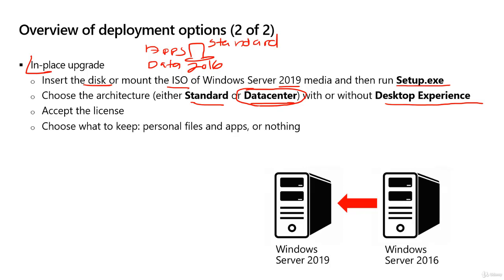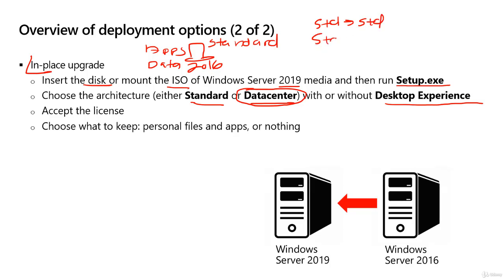The one thing they will not allow you to do, they will not allow you to upgrade from a desktop experience to a server core, because that actually would remove the interface itself. So you can't go that direction. And you cannot go from data center to standard, because that's a reduction in capability. Like, you would lose licensing capability. So for that, you can go, we'll say STD for standard, standard to standard.